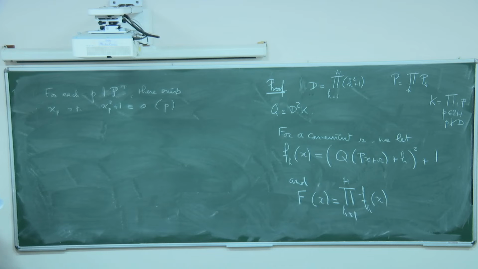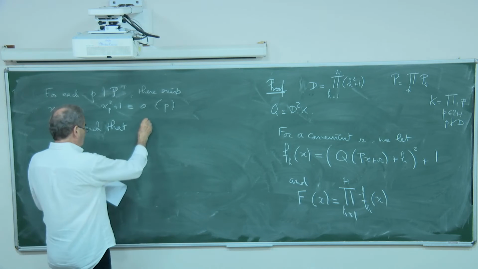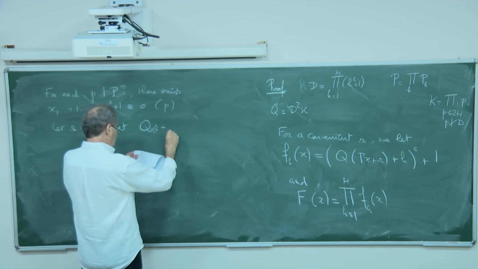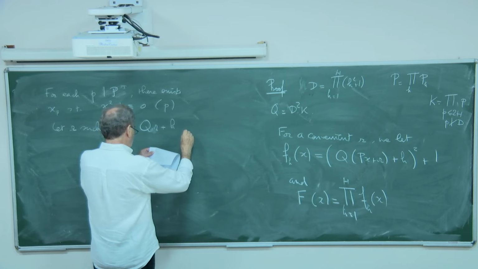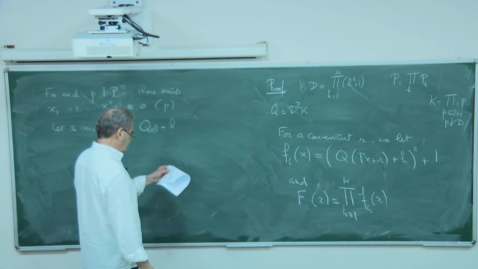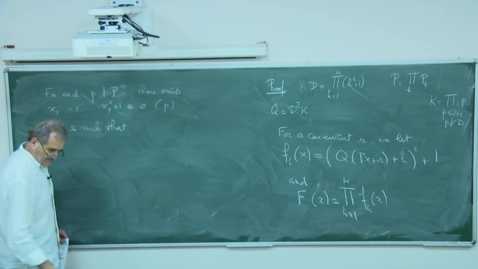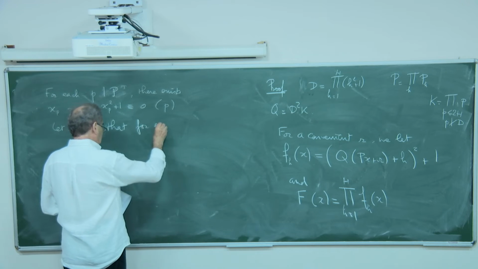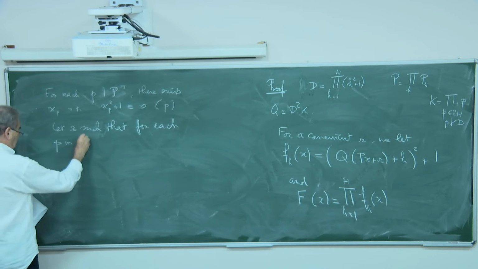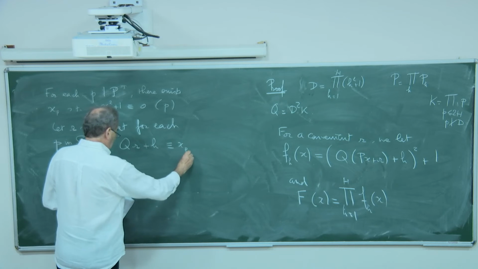So for each p there, you have a solution like that, and we let R be such that for each p in P_h, we have Q R plus h congruent to x_p mod p.